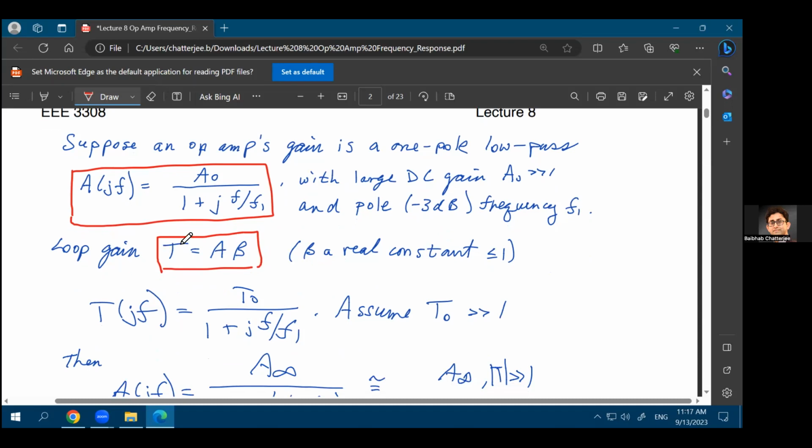Instead of your gain and loop gain being independent of frequency, a constant value, now both A and A times beta, which is your loop gain, are a function of frequency. And how does that function of frequency look like? For A, it's A0 divided by 1 plus jf over, let's say, Fp or F1.